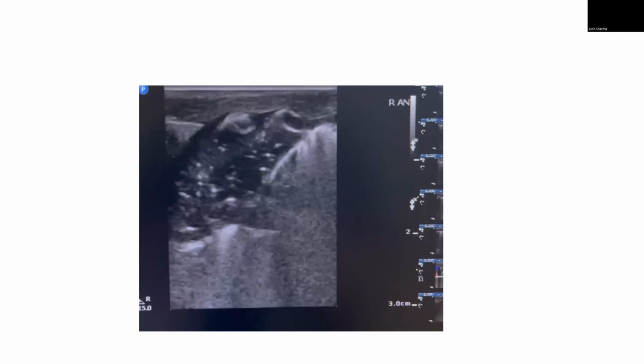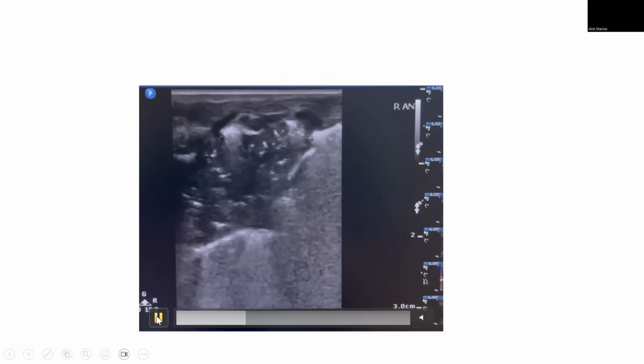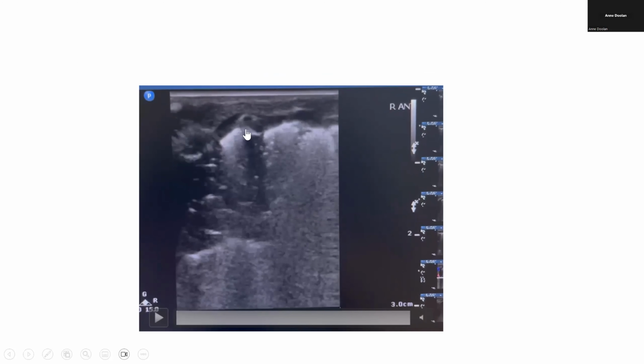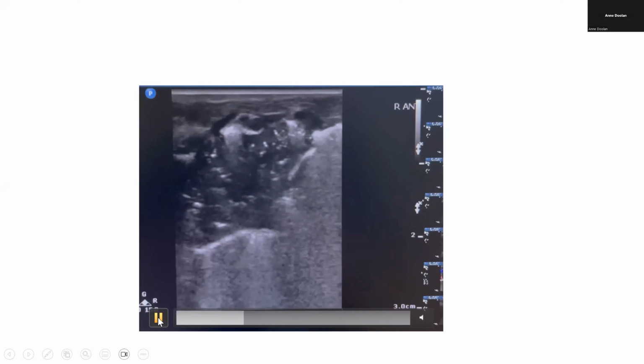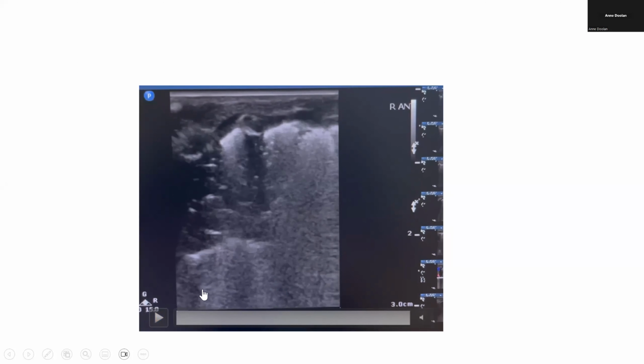So then this was what I could see on the right upper anterior. Here I can't see pleura. I can see hepatization. I was a little bit nervous because, obviously, thymus as well.